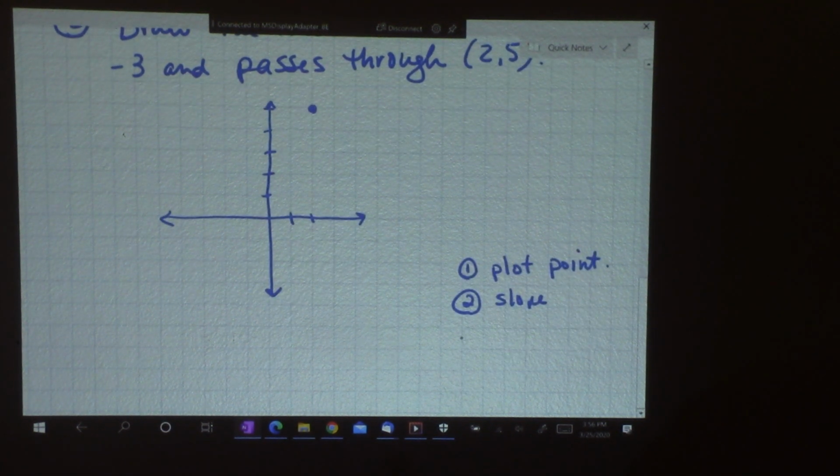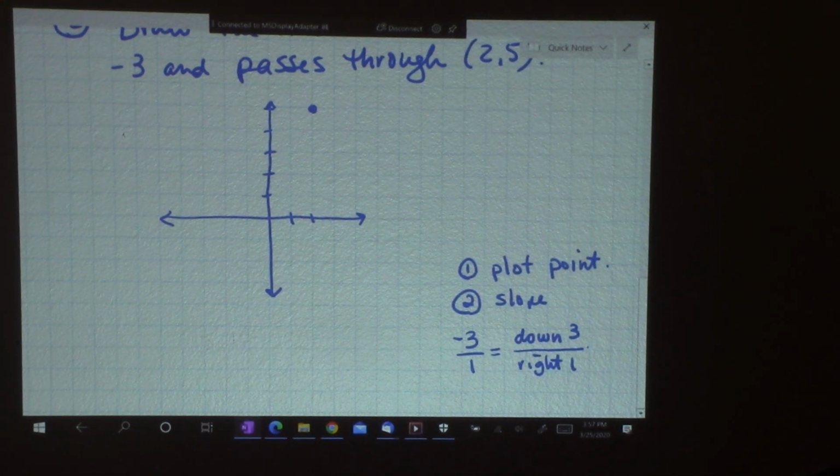How can I write -3 as a fraction? Well, I can put a 1 underneath it. So from there, I'm doing this backwards. I know the slope, and now I'm going to dissect what it means as a fraction. So when I have -3 on top, that means down 3. Down 3. And then that is going to be over right 1 because the 1 is positive.